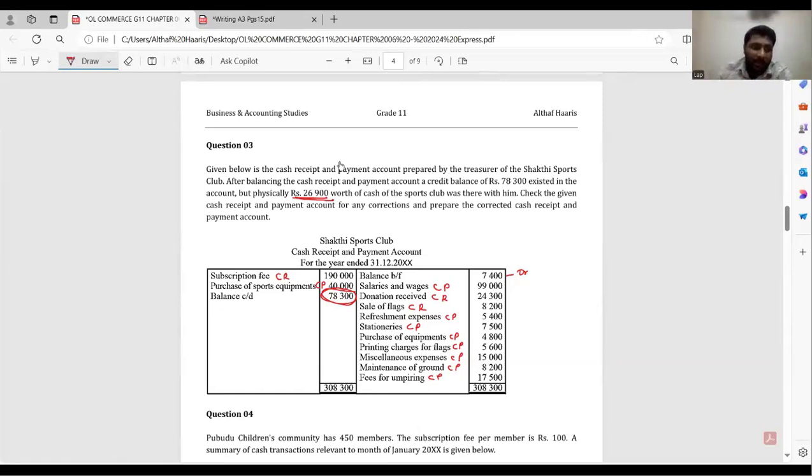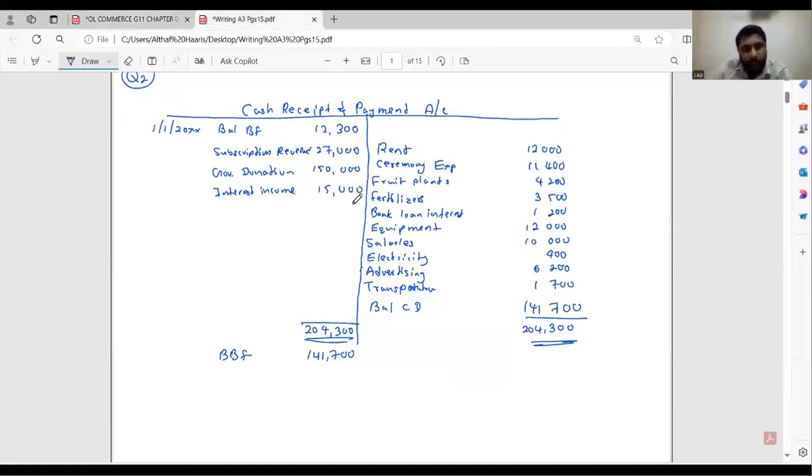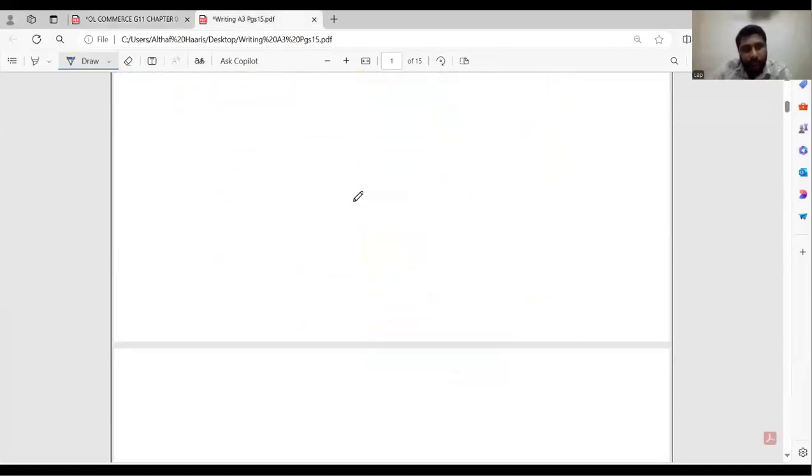Let me circle the debit side values. This should be a cash receipt. This should be there in the debit side. Cash receipt, cash receipt. So we'll write all these things properly now. Shakti Sports Club, Question 3.